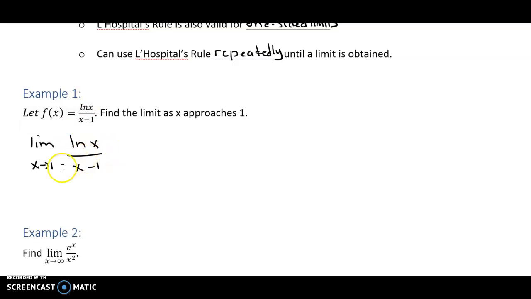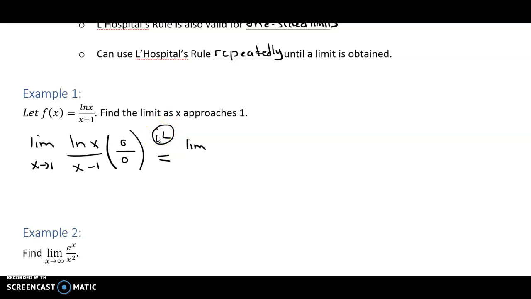We already saw that if you plug 1 in, natural log of 1 is 0, and 1 minus 1 is 0. So it's an indeterminate form, and we can go ahead and use L'Hopital's rule. I'm going to put an L above the equal sign to say that I'm using L'Hopital's rule here.